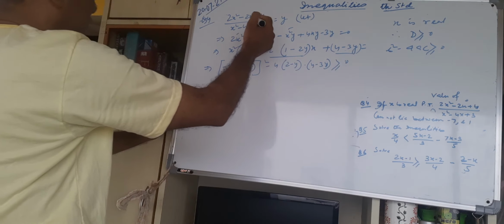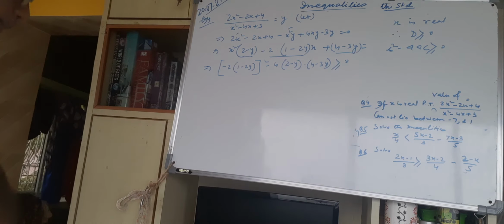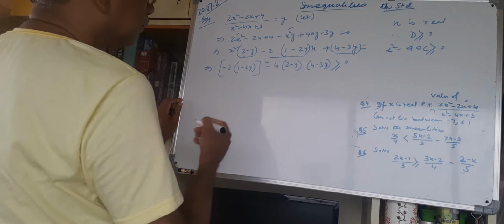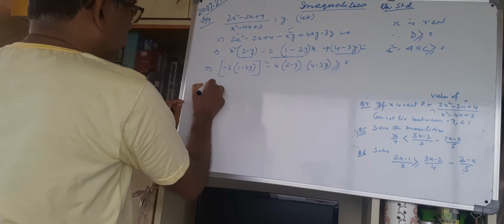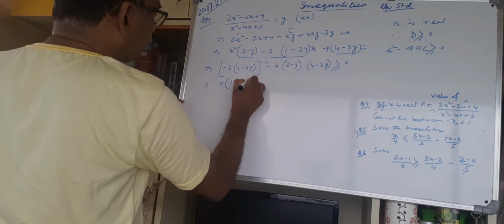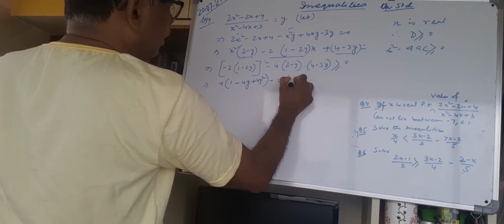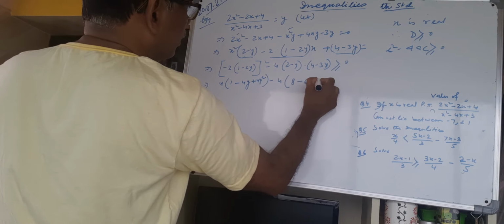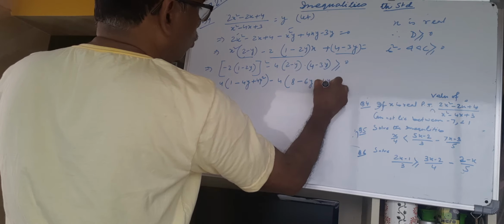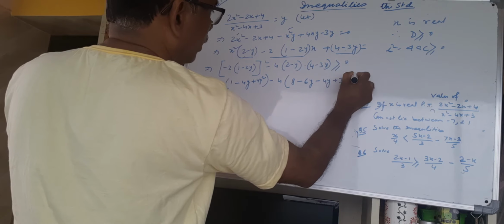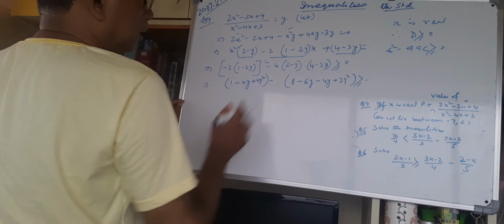4, which is 3. If we multiply, that is 4 into 1 minus 4y plus 4y square minus 4 into 8 minus 6y, this is 4, minus 4y plus 3y square greater than equal to 0. 4 should be, divide both sides, this 4 will be removed.